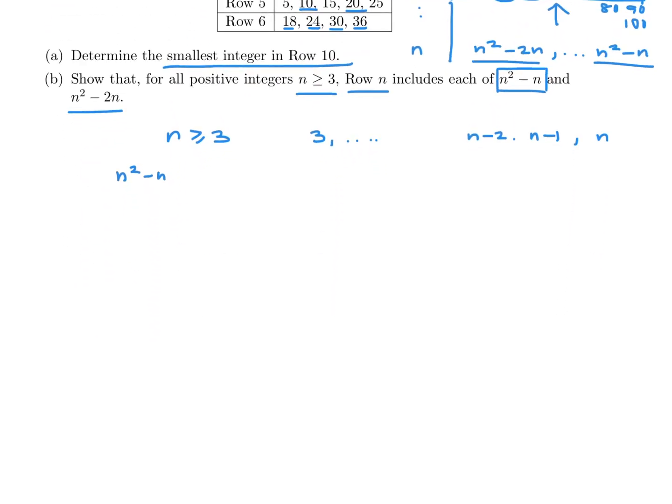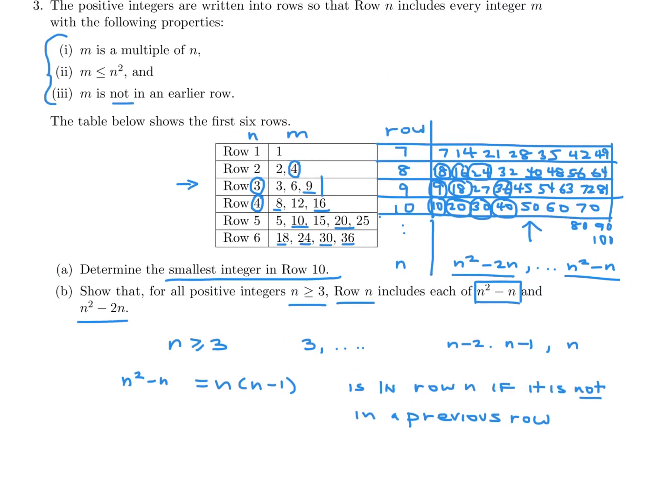N squared minus n. First of all, I can factor it to n times n minus 1. And this is in row n if it is not in a previous row. See, the first criteria is already fulfilled.